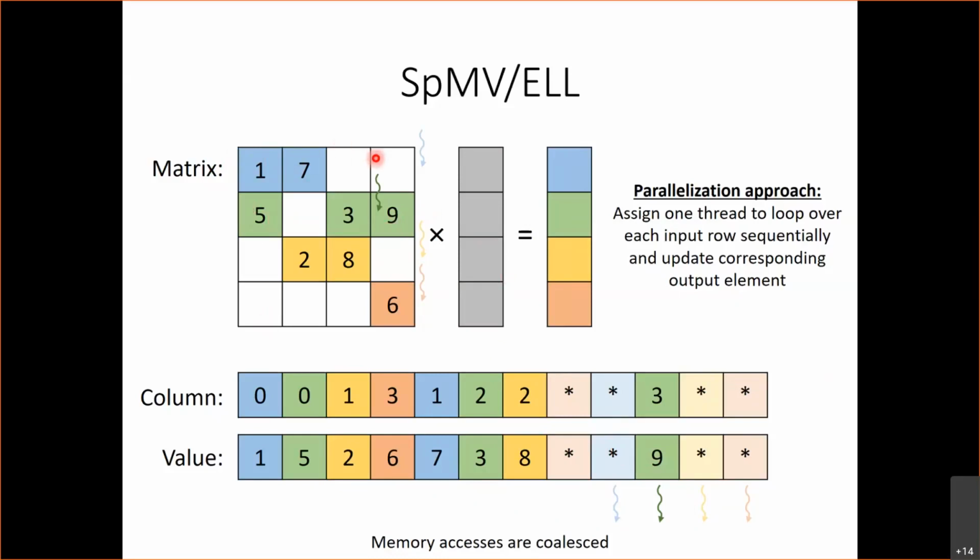So that defeats the whole point of using a sparse representation. The amount of memory we're going to allocate for the ELL is going to be just enough for us to store the row with the maximum number of non-zeros. Now, in this illustration, it's 3 out of 4, but in practice, the row with the maximum number of non-zeros is going to have much fewer non-zeros than the width of the matrix.